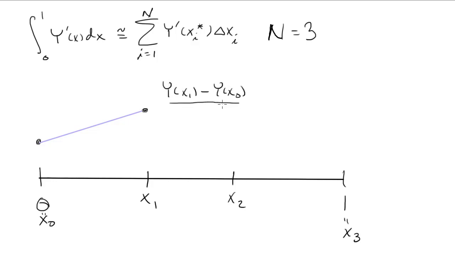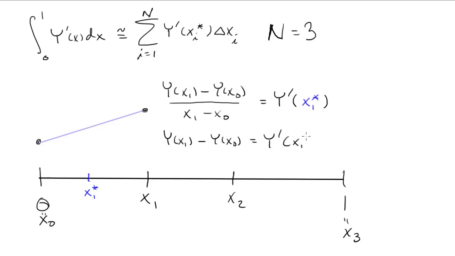Its slope is the slope function somewhere in between by the mean value theorem. That's how I'll choose my evaluation point. Y(x1) minus Y(x0) is my Riemann sum rectangle. Height times base.